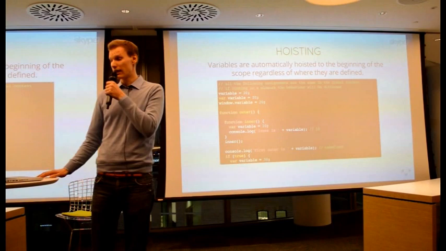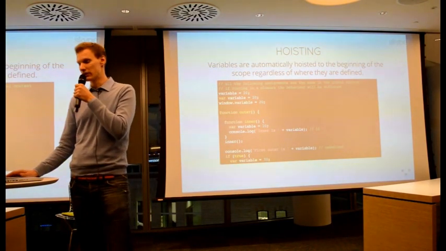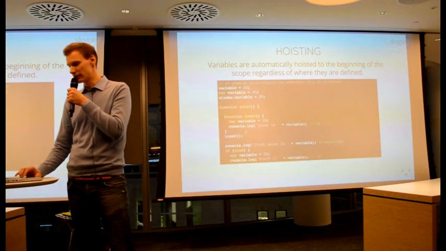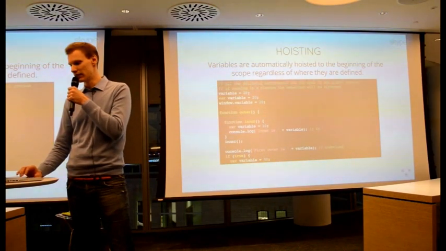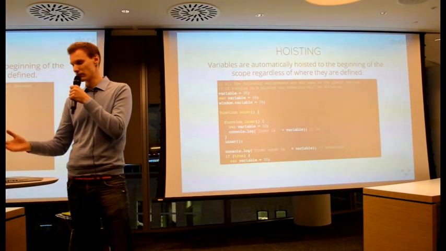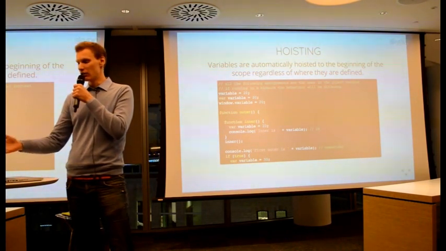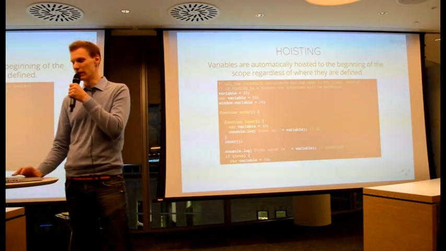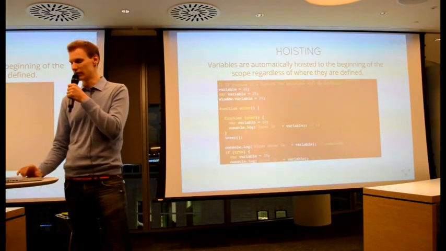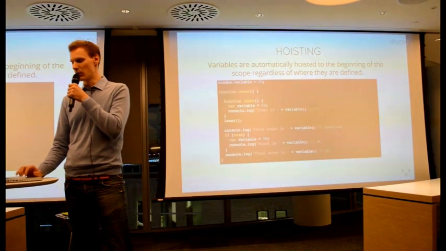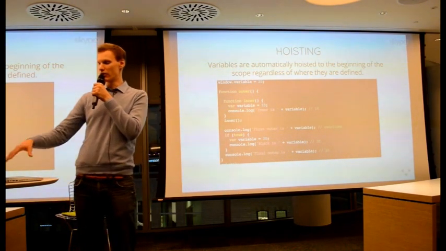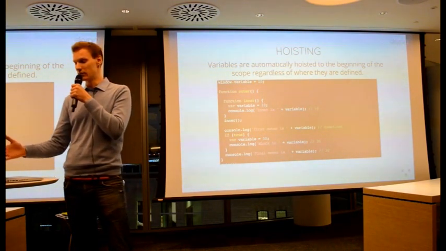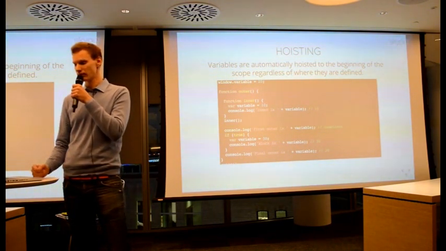Another thing to be very careful about when doing more complex JavaScript is hoisting. Basically, in this example, we can see that, as we said, no matter how you define a variable in the global scope, it will always end up in the window object, so the first three definitions are exactly the same. And then we have an inner function, which is defining a variable, and this variable is accessible inside the function.